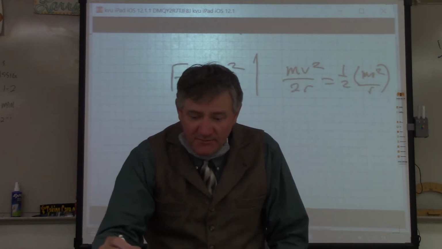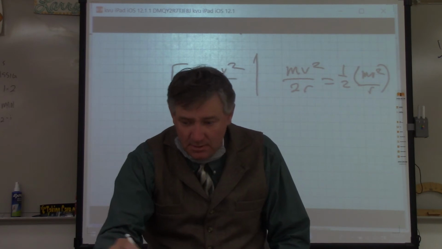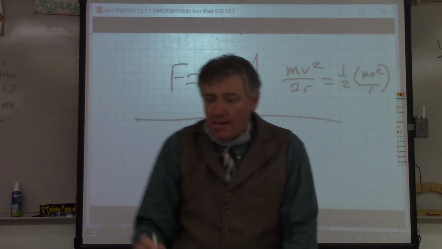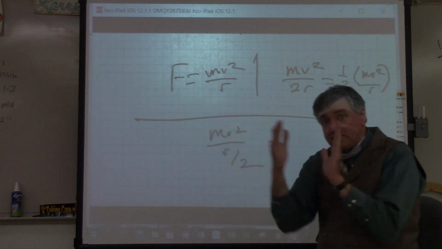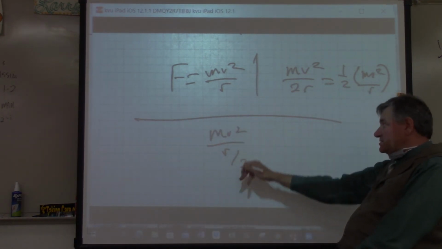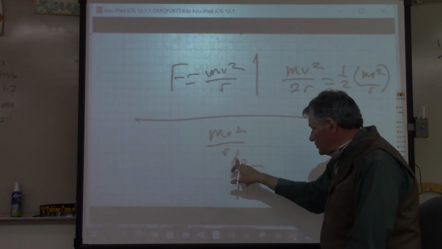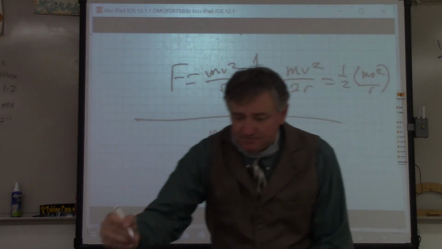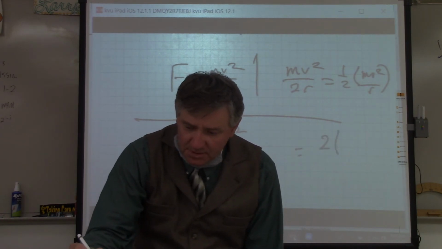Now, if I have mv squared r over 2, then now I'm going to shrink that radius and keep everything else the same. I'm dividing by 2 in the denominator of the denominator. The 2 is going to flip up, and that's going to become 2 times mv squared over r.